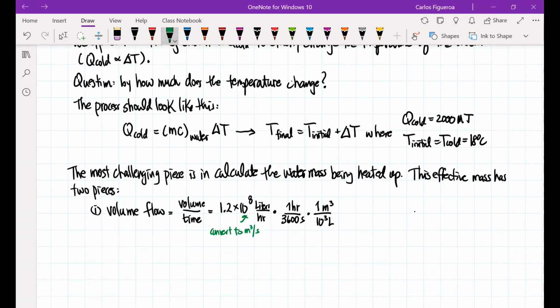So the liters cancel and the hours cancel, leaving meters cubed per second. If you compute that, you get 3.33 times 10 to the 4 meters cubed per second. And that's going to be our volume flow.